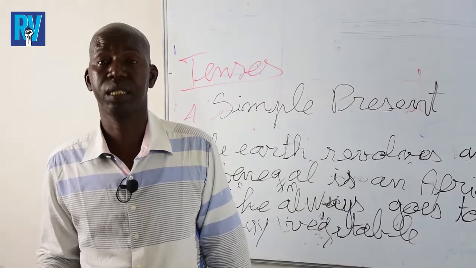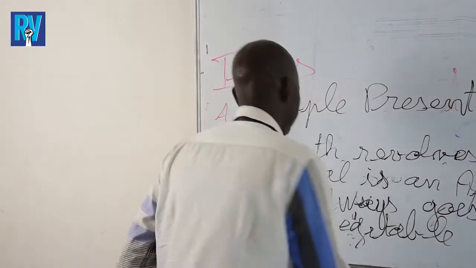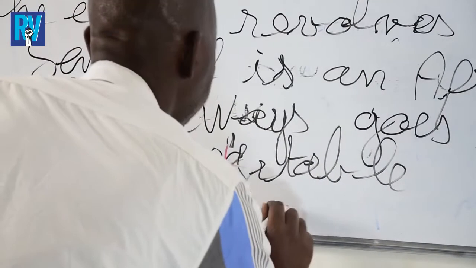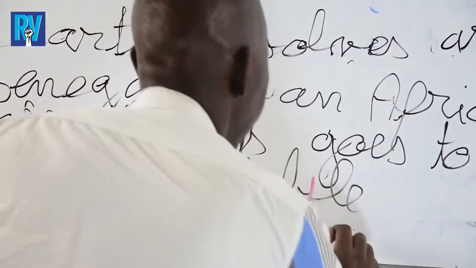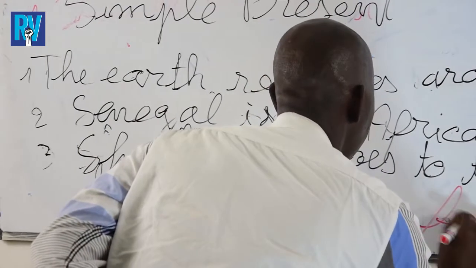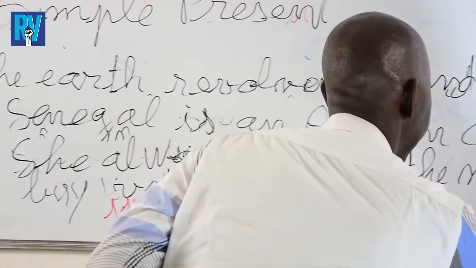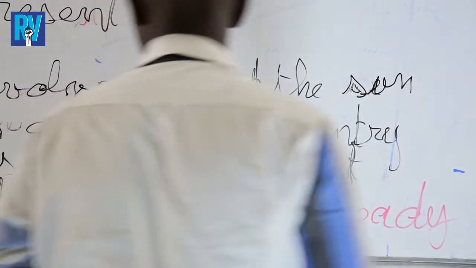We can have just. Okay? For the present perfect, you can have just. Yet. Okay? You can have so far. Okay? You can have already. Déjà. Okay?